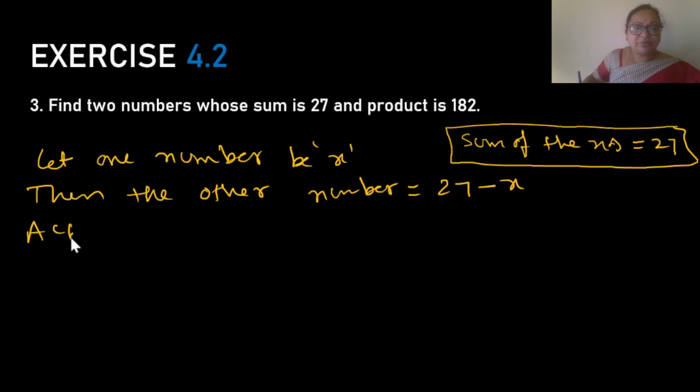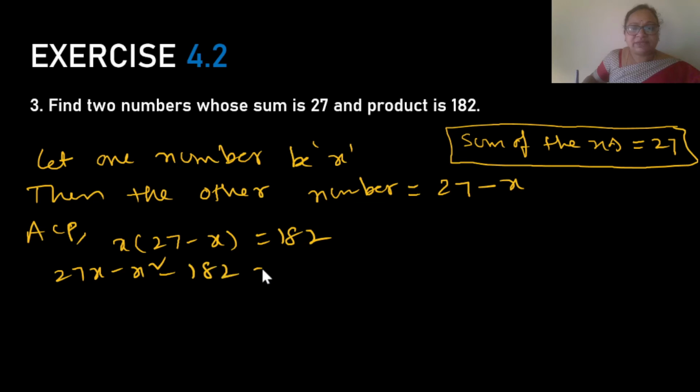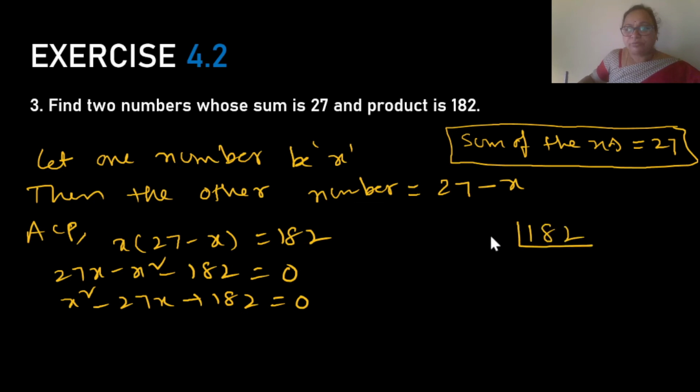So according to problem, product of the numbers x into 27 minus x is equal to 182. 27x minus x square minus 182 is equal to 0. So x square minus 27x plus 182 is equal to 0. 182 prime factorization 91, 7, 13.